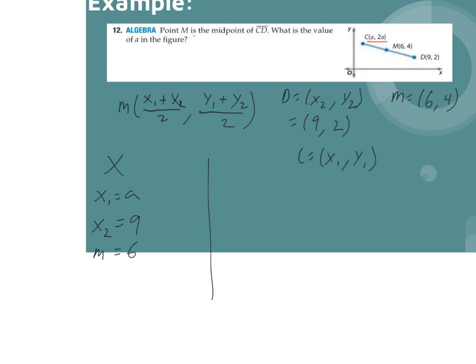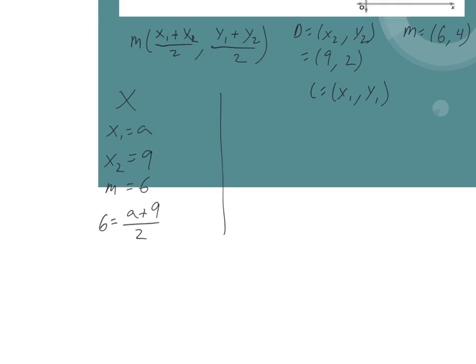So our formula for the x component is going to be 6 is equal to A plus 9 over 2. Now if we simplify this to solve for A, multiply both sides by 2. These cancel out. We get 12 is equal to A plus 9, and 3 is equal to A.